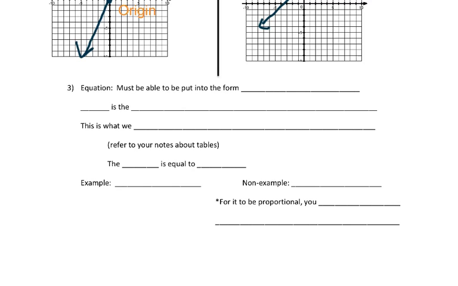Equations must be able to be put into the form y equals mx. We call m the constant of proportionality. That's an important term.